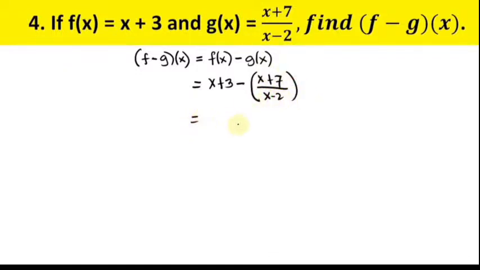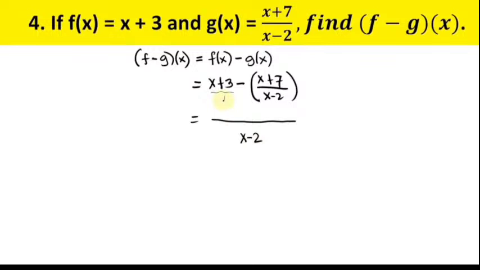Then find the LCD. So ang LCD natin is yung denominator. So ano yung denominator natin? So understood na ang denominator dito is 1. So ang LCD natin x minus 2. So x minus 2, i-divide natin yan sa 1.